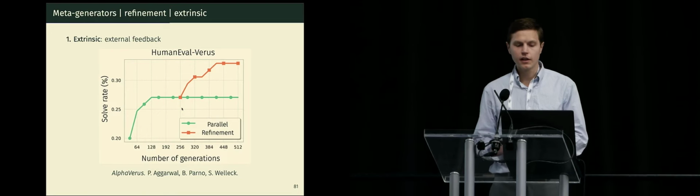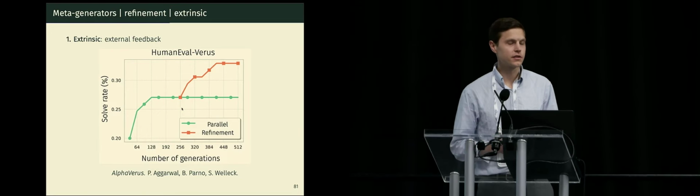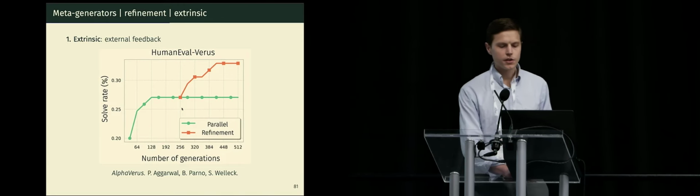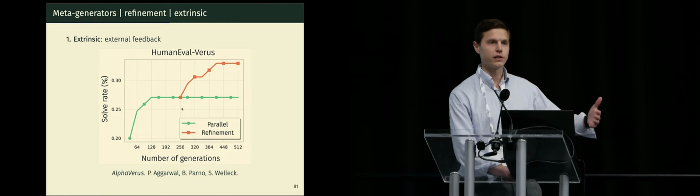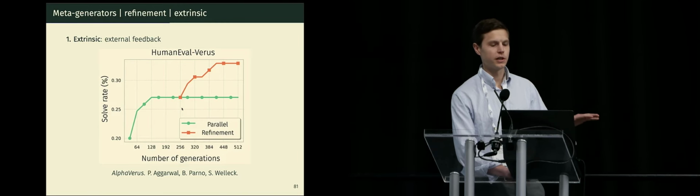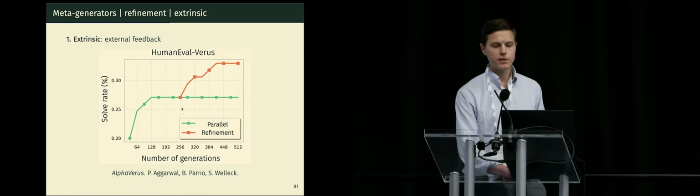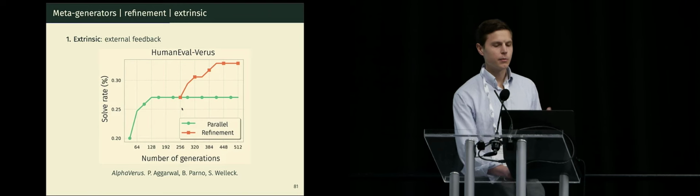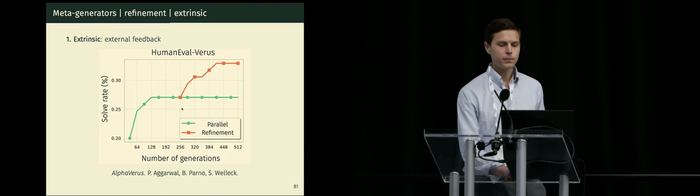Doing this can have a huge impact on the number of programs that you're able to successfully generate. Here's what happens if you just keep running parallel generation without any refinement for longer and longer. You can see that the system is able to do some of this verified programming, but eventually it just reaches its capabilities limit.